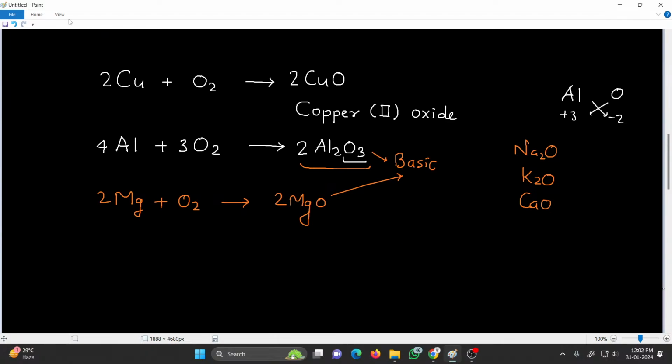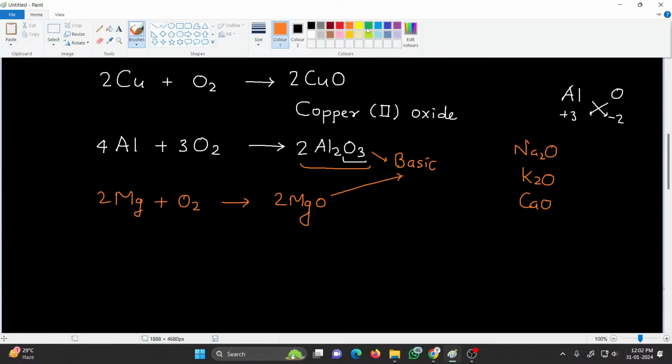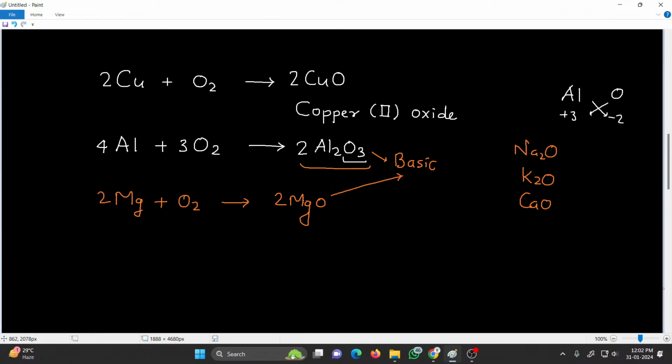So all these basic oxides, they react with acids to give you salt and water. For example, magnesium oxide, if you react with hydrochloric acid, it will give you a salt, magnesium chloride, MgCl2 plus H2O, water.